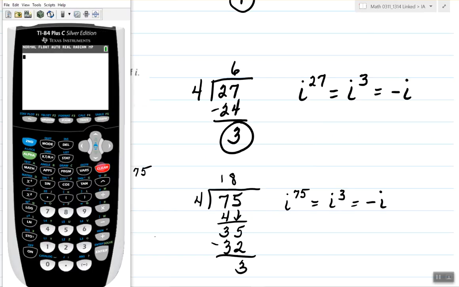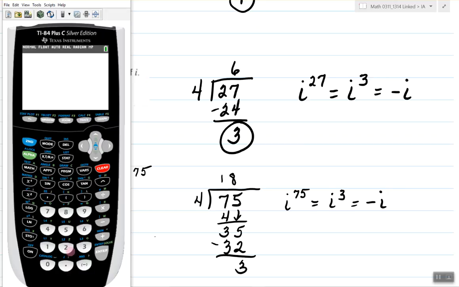Your calculator can handle complex numbers. I think it's valuable for you to be able to do them on your own, but I'm not going to keep you from using the calculator. The i on the calculator, it's a little hard to see, but it is the blue function of the period.